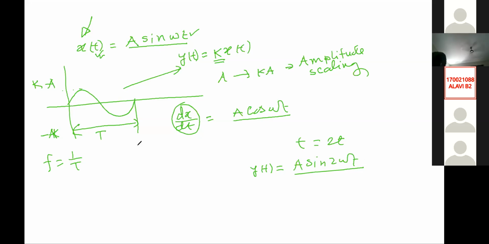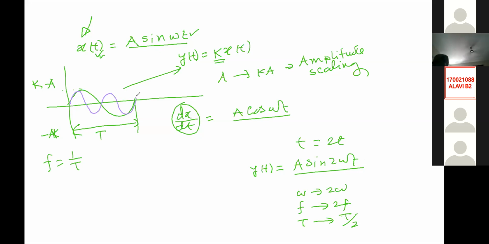Your angular frequency omega is transformed into 2 omega. That means your frequency f becomes twice f. Your time period T now becomes half, original T divided by 2. So in a single time period, 2 cycles of your signal will be completed, isn't it?